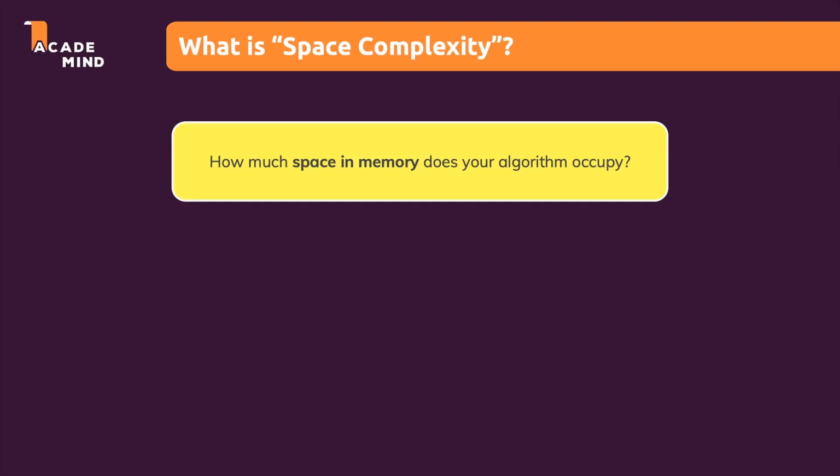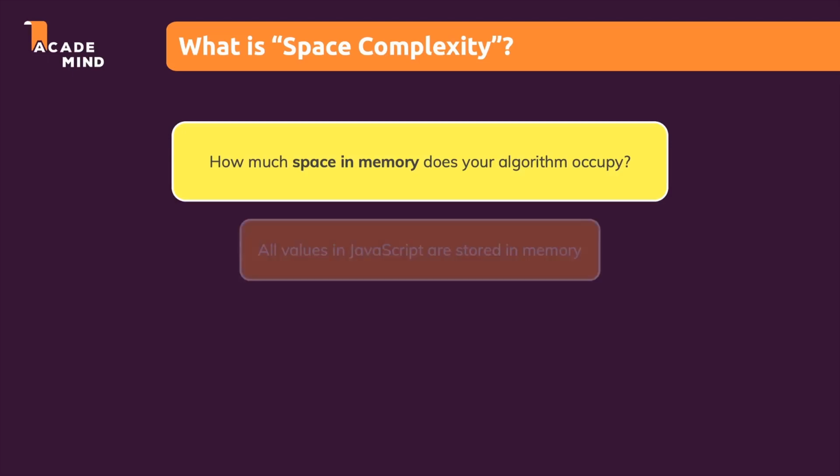Now, of course, it's important to understand that in JavaScript, all values you're working with are stored in memory. Every number, every object, every string you store in a variable or you use in a calculation is stored in memory. It has to be there, otherwise it wouldn't exist in your program. Now, data is stored in memory all the time, but your values are also frequently released from memory if they're not used anymore in your code.